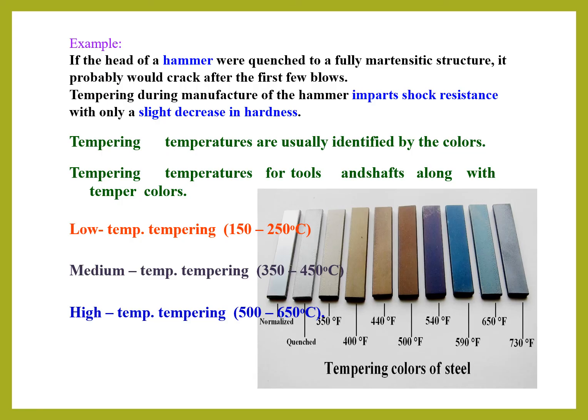If you continuously use this hammer, after some period of time some cracks will appear, but you can do the tempering process. It will give high shock resistance and it will reduce the hardness value.